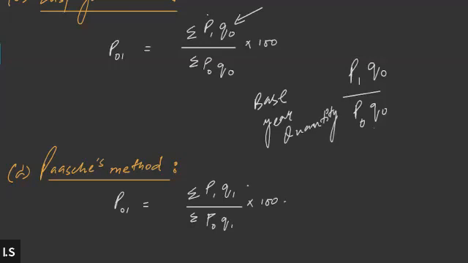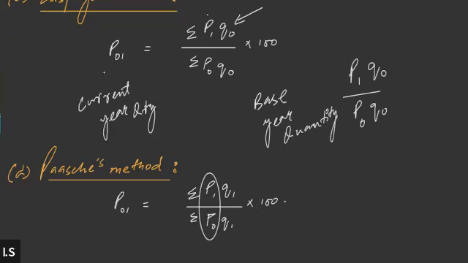Now, when you talk about the Paasche method, this part is the same in both cases, P1 divided by P0. The only difference is that Paasche gave importance to the current year quantity, not the base year quantity. Therefore, in the numerator as well as in the denominator, we have multiplied P1 and P0 with the Q1 quantity, that means the current year's quantity.